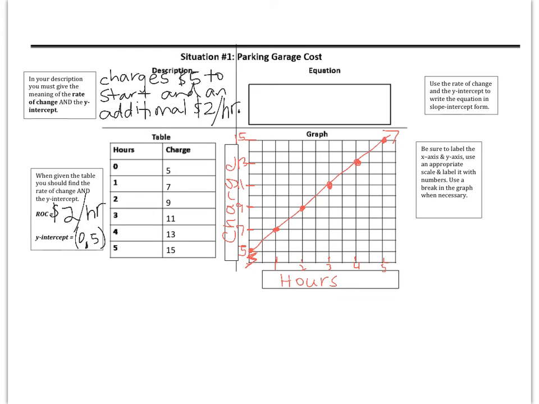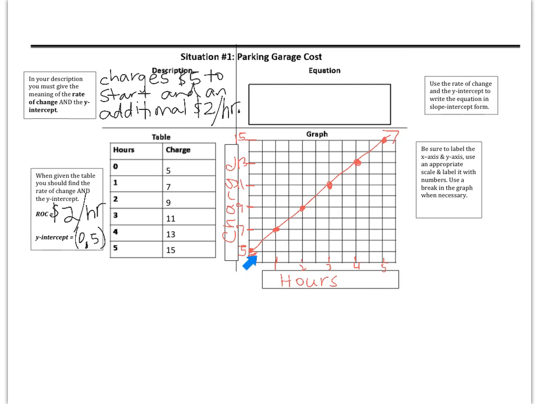Notice that I put a break in my graph right here. The reason I put a break in my graph is because I wanted to count by ones here. But if I counted by ones, I wasn't going to make it all the way to 15. And then I thought about it. I could count by 2s, I could count by 3s, right? You don't have to count by 1s here, but I wanted to because these are all odd numbers, and I just felt like it would be easier.